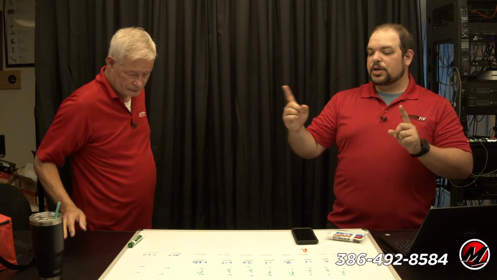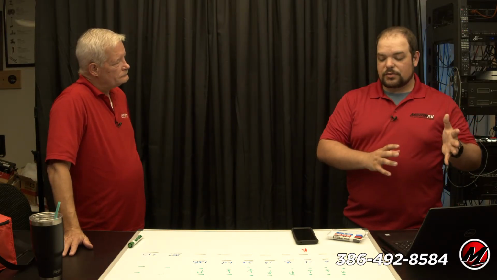So what happens is the source device, the game console or the graphics card inside of a PC, and the TV, during the EDID handshake or the EDID communication, they're both saying I have variable refresh rate.